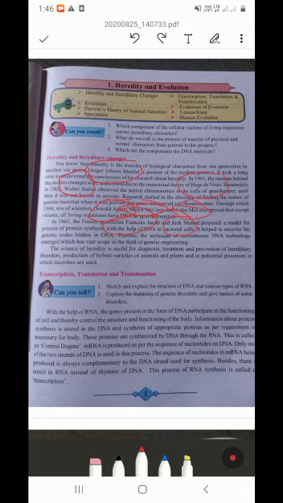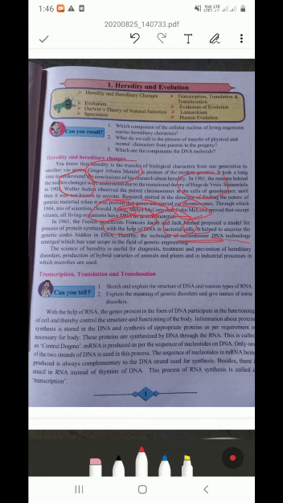Thereby the technique of recombinant DNA. What is the advantage of the model? The advantage is that it helped to uncover the codes hidden in DNA. Now we will study about codes in these 3 points.